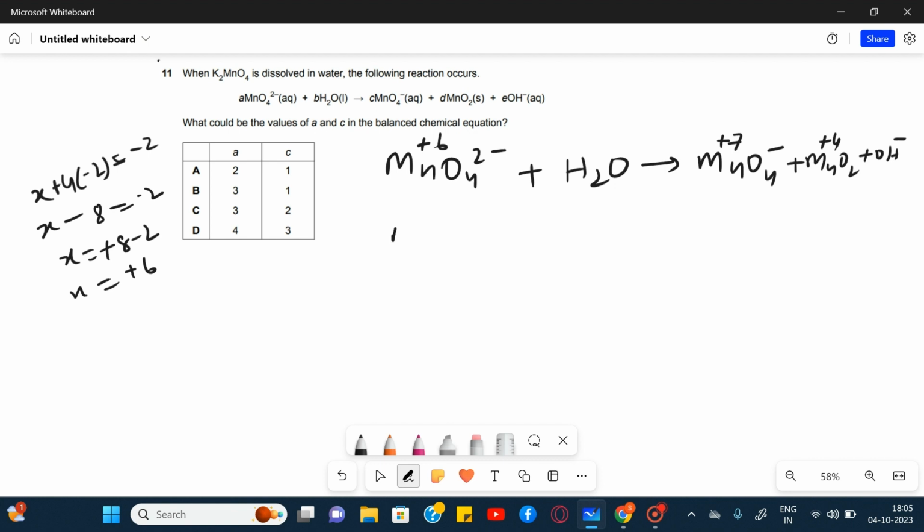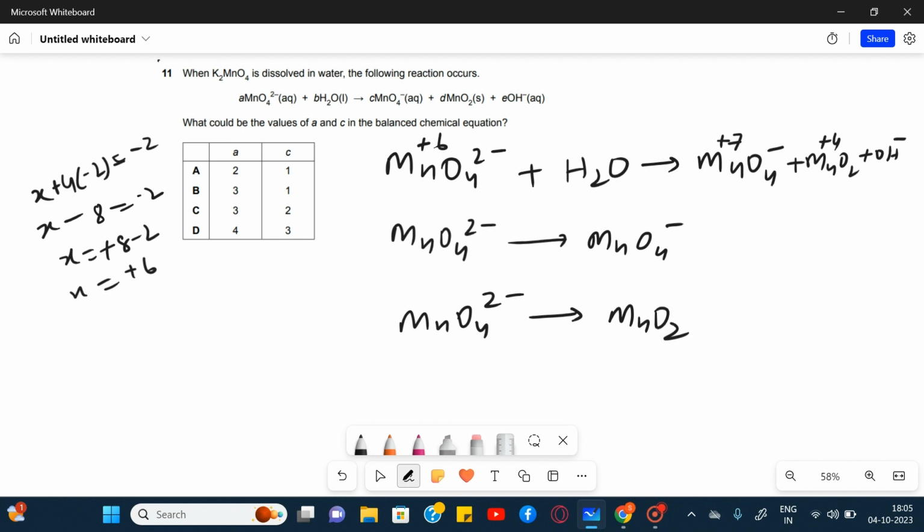One can be MnO4 2 minus gives MnO4 minus, and the other one could be MnO4 2 minus gives MnO2. The oxidation number is plus 6 and this is plus 7.